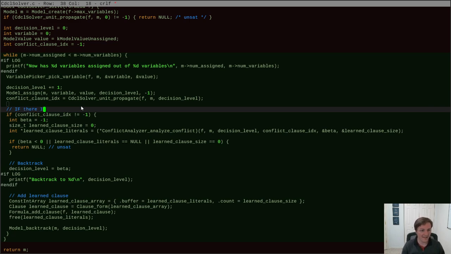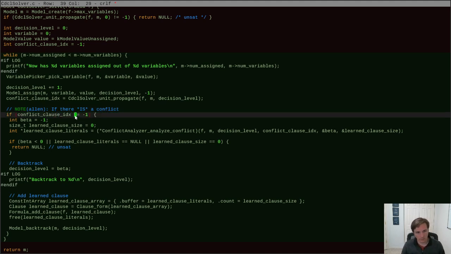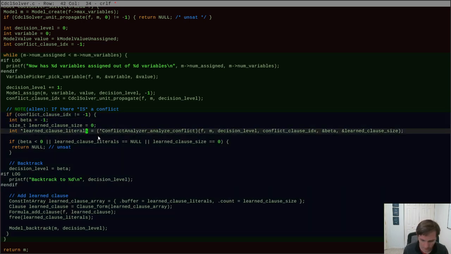If there is a conflict, so it does not equal -1. If it did equal -1, that would be no conflict. We picked a variable assignment that just works. If there is a conflict, then this will be something other than -1. A little hard to read the meaning, the sort of conceptual meaning of index tricks like that, but that's what it means.